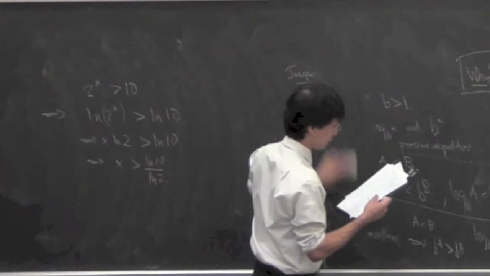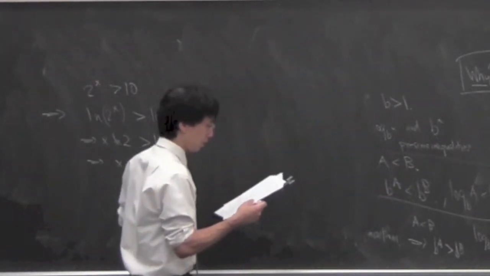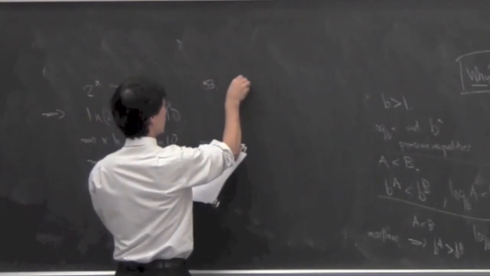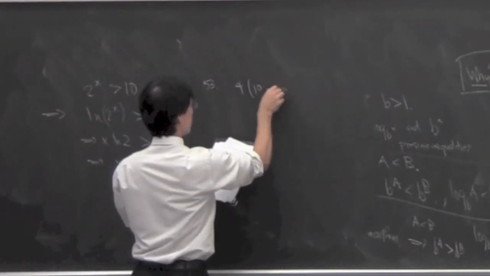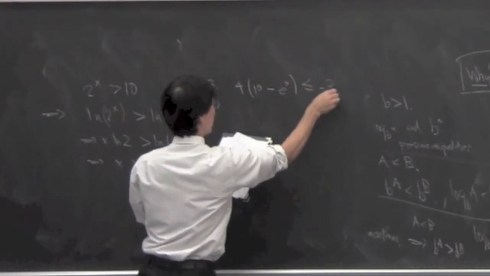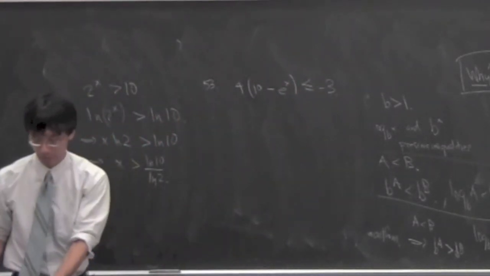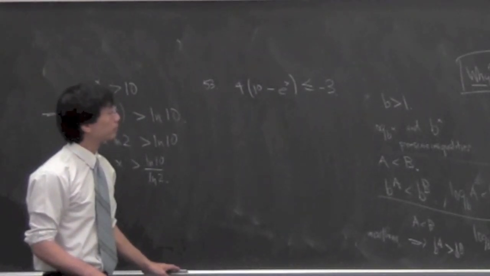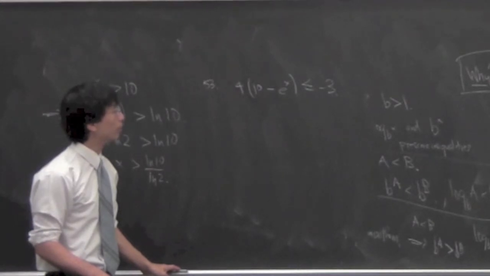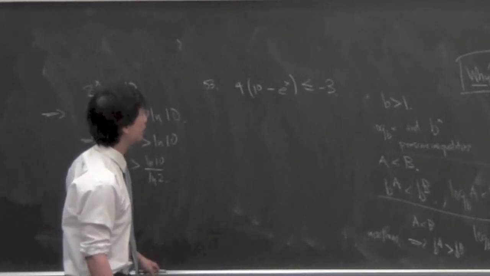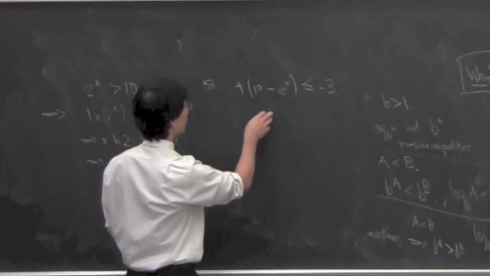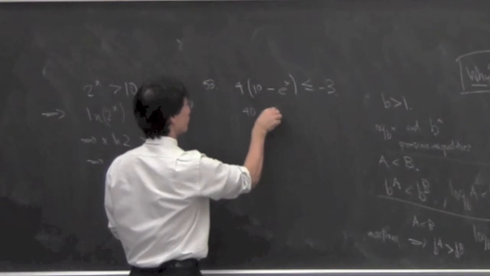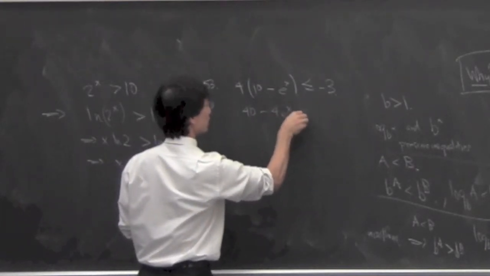One more example. This is problem 53. 4 times (10 minus e to the x) is less than -3. Okay, and we can do this however you want. Maybe, let's multiply through by 4: 40 minus 4e to the x is less than -3.